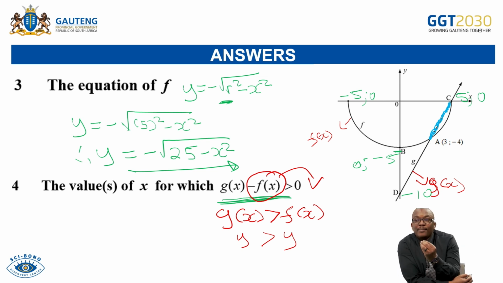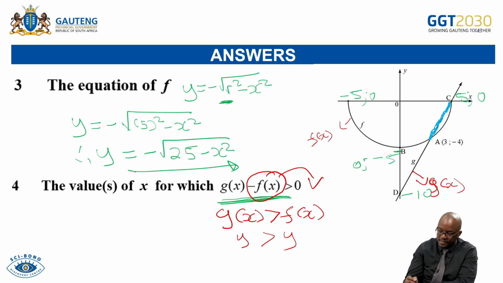That is the only part where g of x is on top of f of x. It means the y values of g from A to C are on top of the y values of f from A to C. Then you can see from B to A, the f is on top of the g.